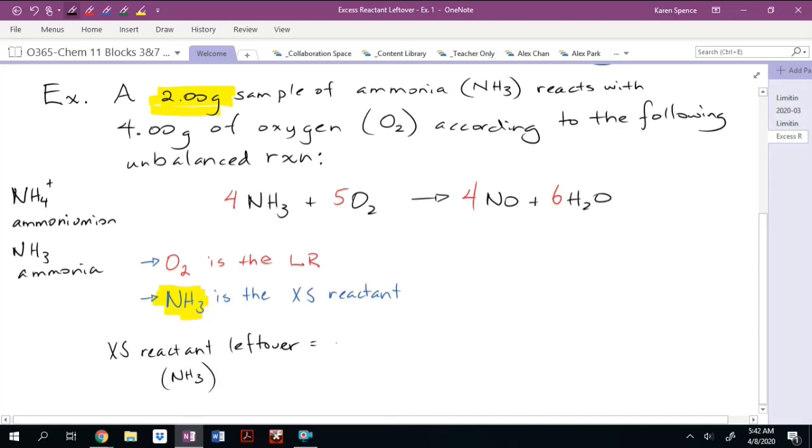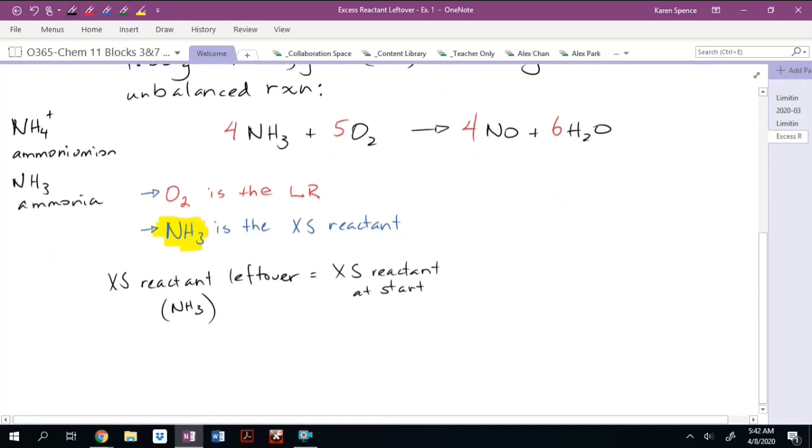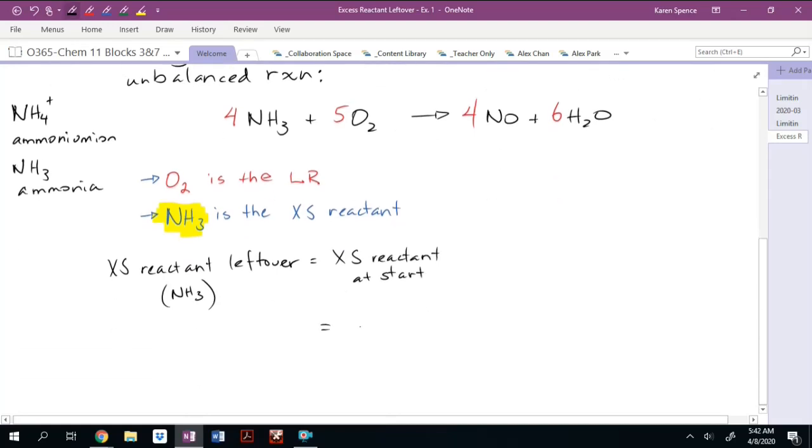And we are starting with the excess reactant at the start, and that is 2.00 grams of NH3. That was given in the question.